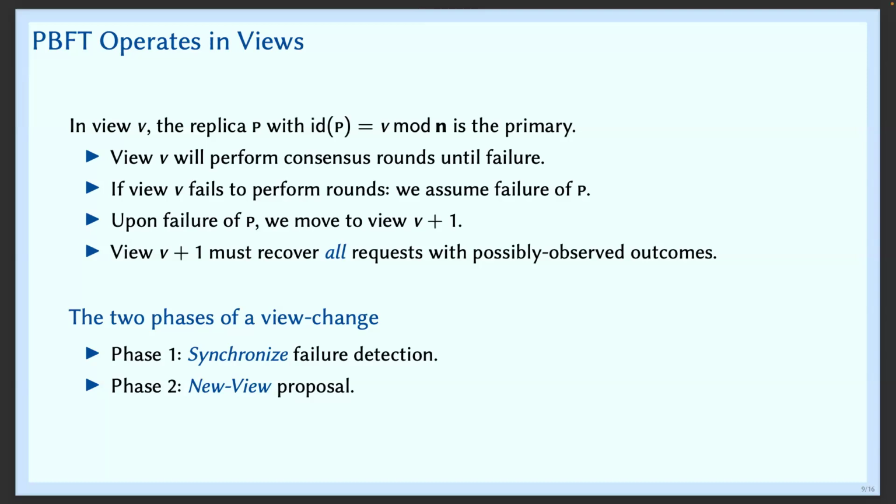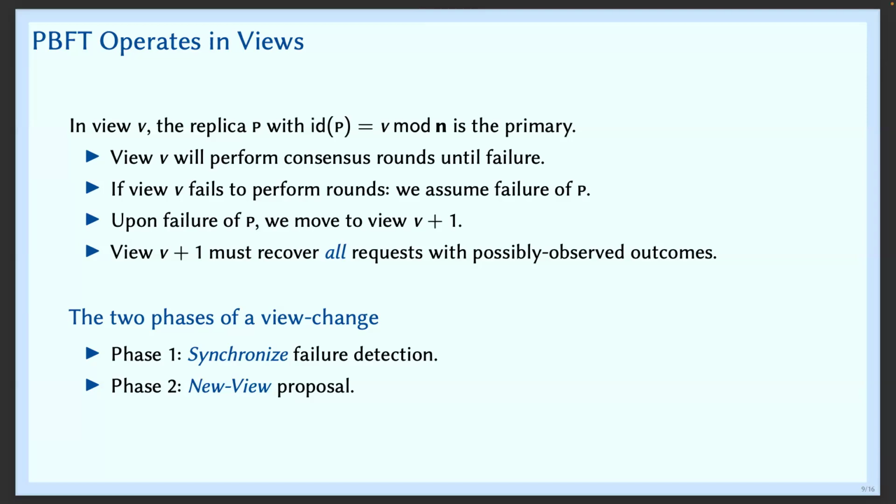There needs to be consensus moving to v+1. So when we detect a failure and want to change primary, we need to have some form of agreement. Why do we need to have an agreement when we move? Well, if I'm expecting he's the primary and you're expecting that she's the primary, and he proposes something, do you vote for her or do you vote for him?